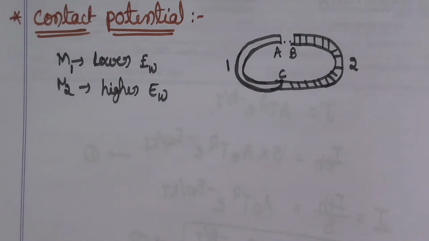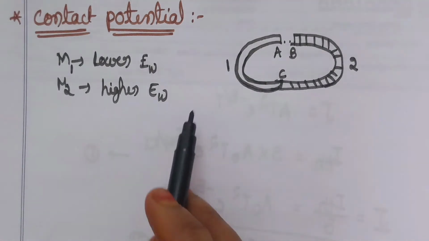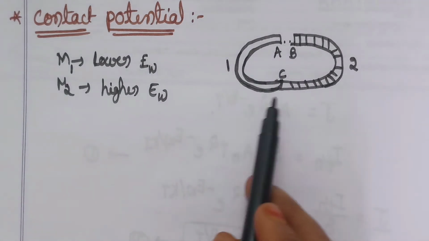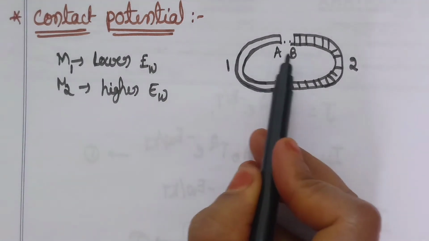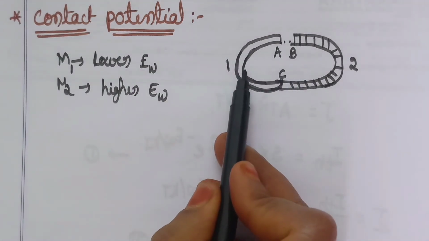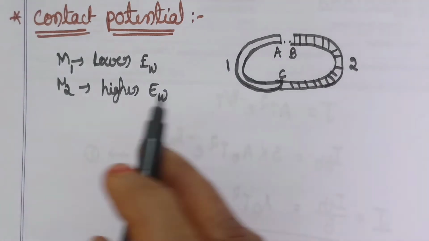So consider two metals in contact with each other forming a junction at C as shown in the figure. The contact difference of potential is defined as the potential difference VAB between points A and B, that is, just outside metal 1 and outside metal 2.